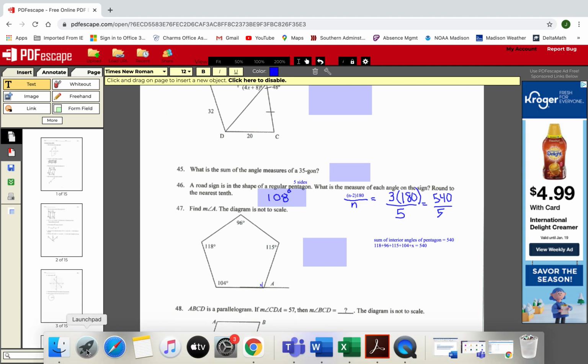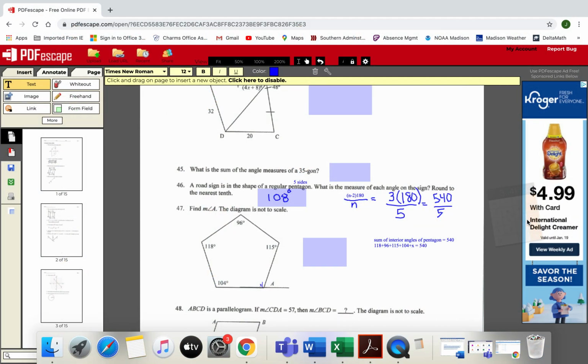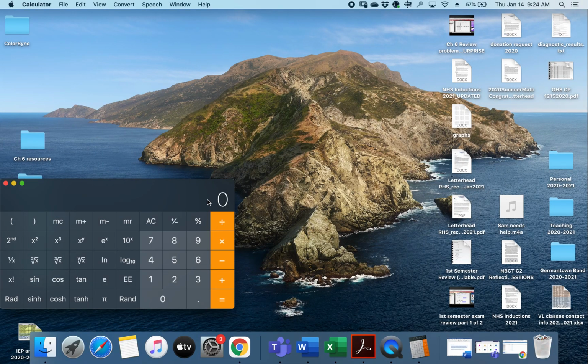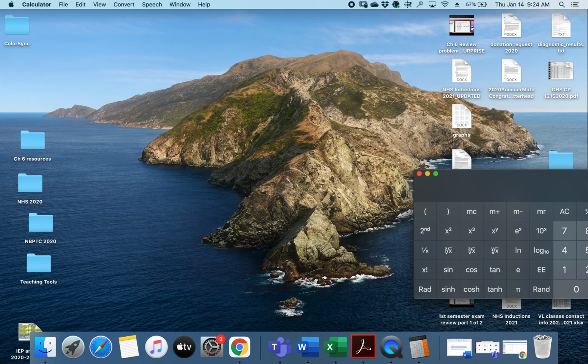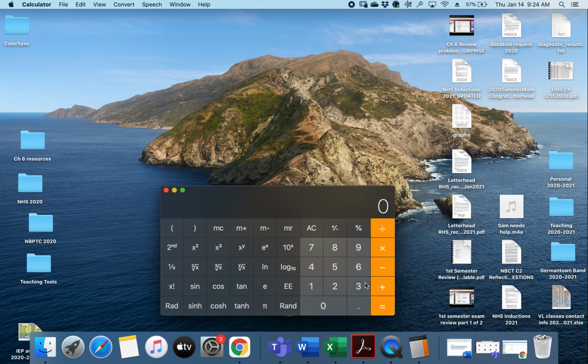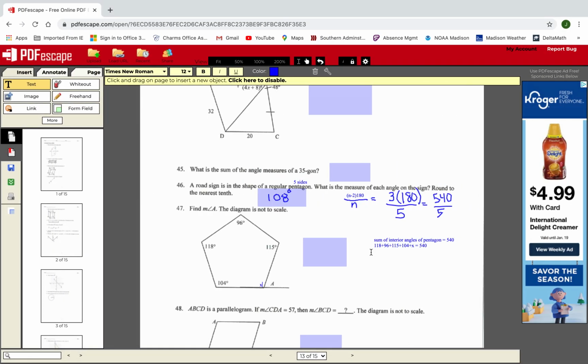Anybody already added these? Let me pull up a calculator. Verify real quick. 433? Okay. All right, so adding those numbers up, I get 433 plus x equals 540.